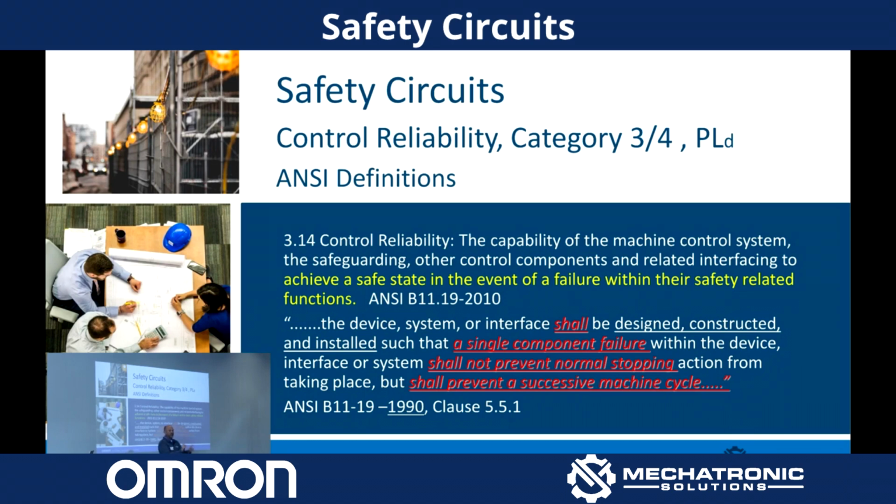If it sees a mismatch in what it's supposed to see, then that monitor tells me, hey, you got a problem, you got a failure in your safety system. I'm the monitoring relay, I detected that failure, and because I detected it, I'm not going to allow this machine to run until you fix that failure. There's an easy way to do that: a safety monitoring relay, if you've got relay logic, will accomplish that.